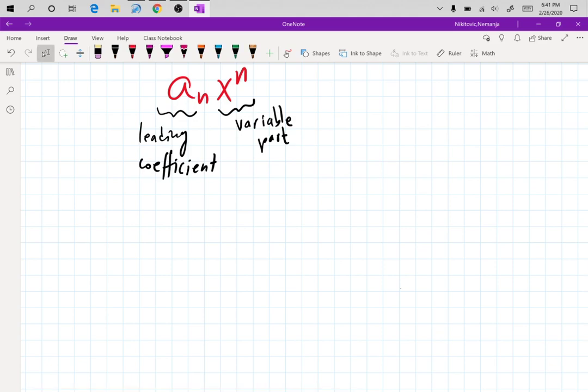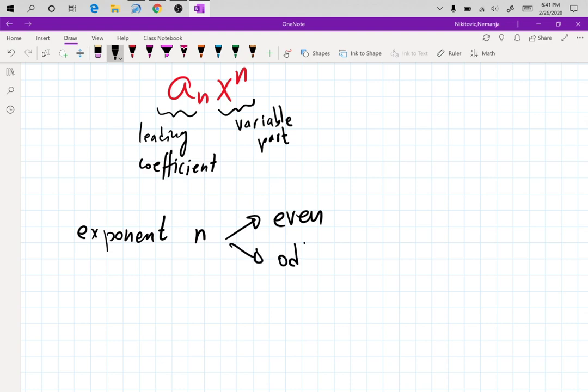Exponent n can be even or it can be odd. And that helps with the shape of the graph.